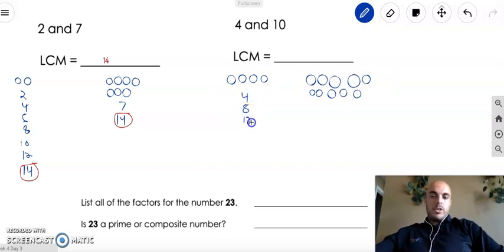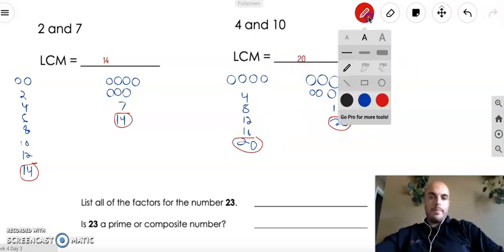This is an interesting one because we actually know that 10, all the numbers end in 0. So let's get up to 20 and see if the first number we find is 20 in the 4 tree. So 16 and yep, 20. So the lowest common multiple of 4 and 10 is 20. Great.